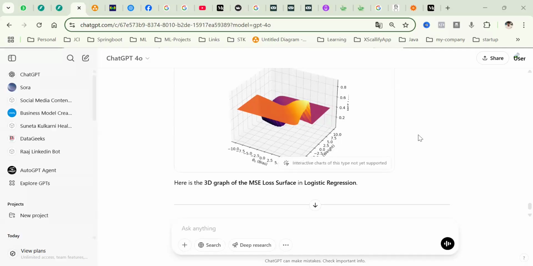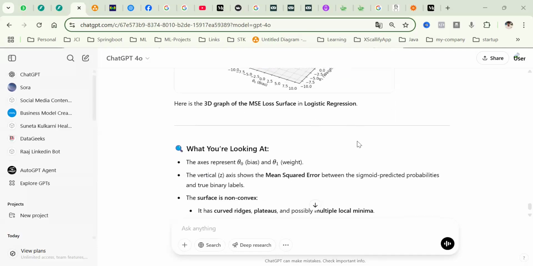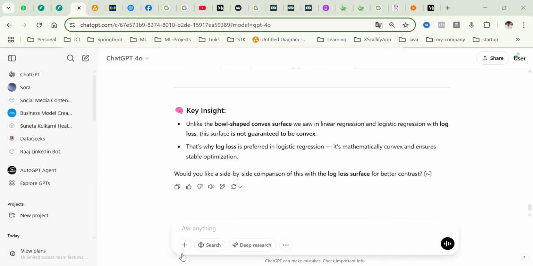This is the problem with MSE in logistic regression. So what is the solution? Instead of MSE, we use the log loss function. If you apply log loss in logistic regression to find the cost function, it will give you a convex type of graph, and here you can apply gradient descent.